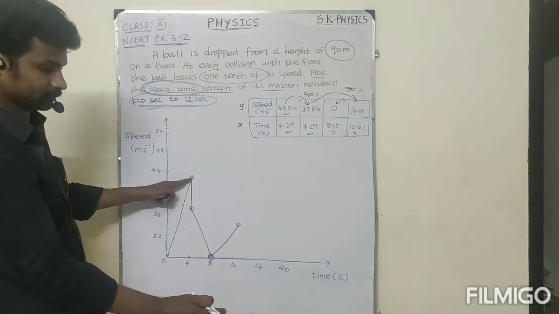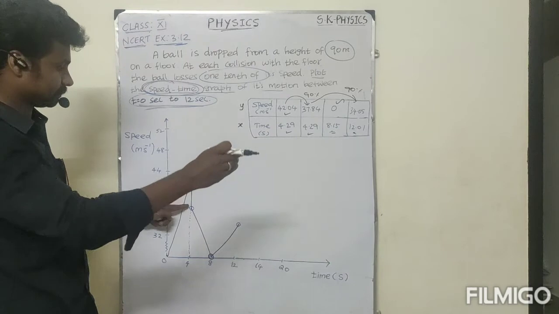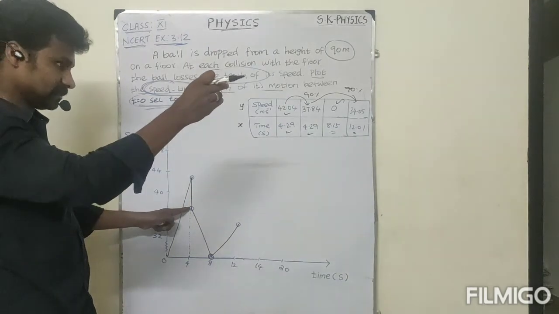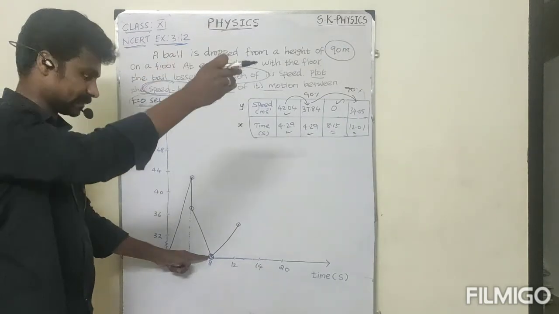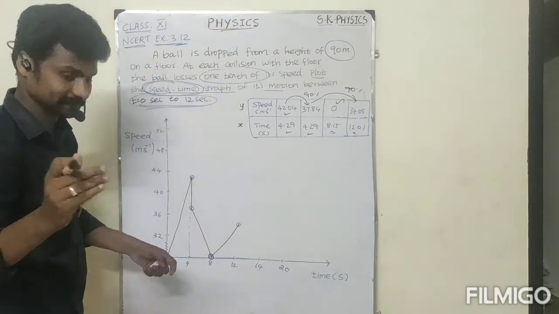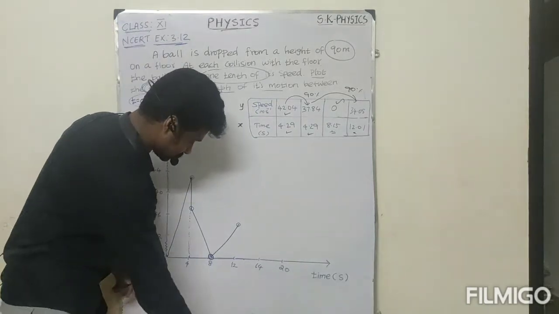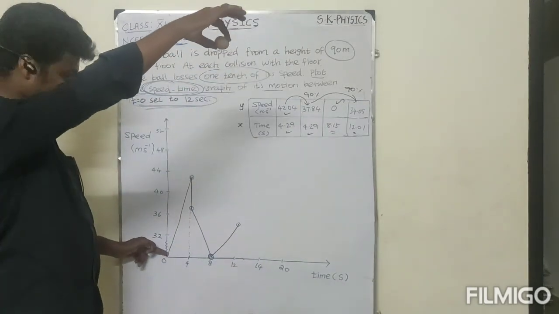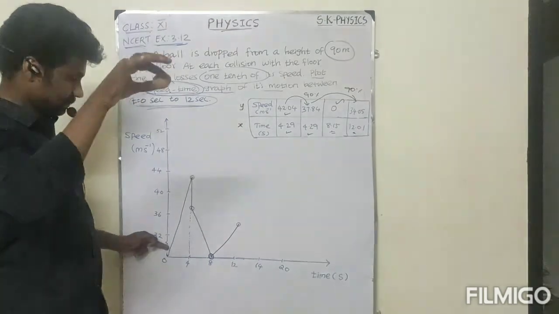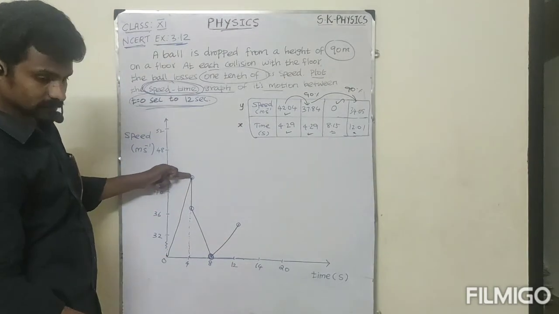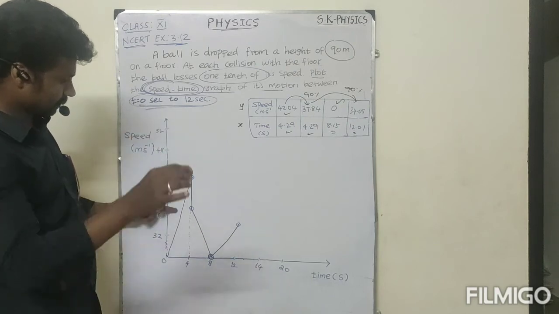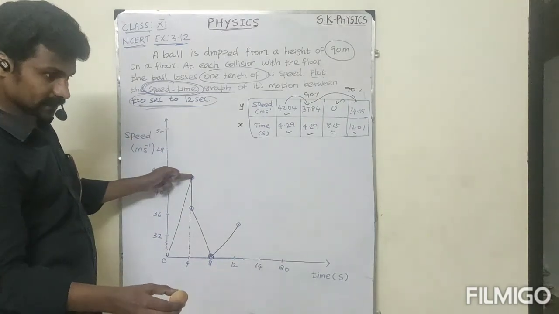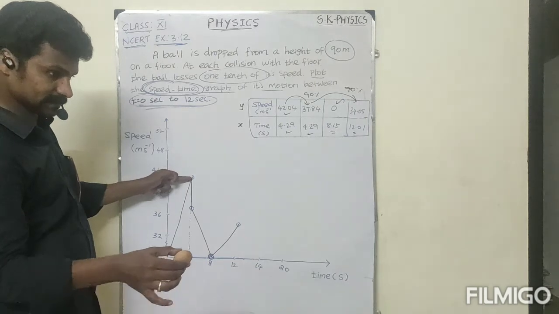Then velocity is reducing, then reaches 0. Then again velocity is increasing. Understand? Listen, I leave the ball, velocity is increasing. At the same time the velocity is reduced by 10%.